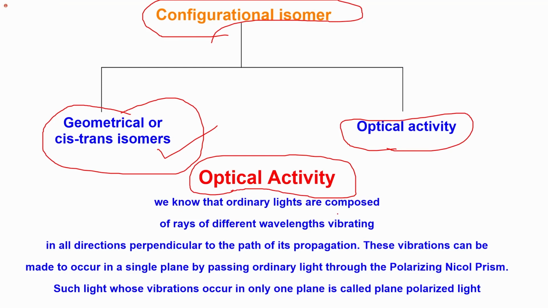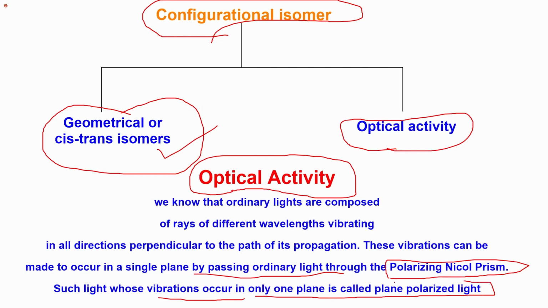We know that ordinary light is composed of vibrations in many planes. Now, by passing ordinary light through a polarizing Nicol prism, such light whose vibration occurs in only one plane is called plane polarized light.